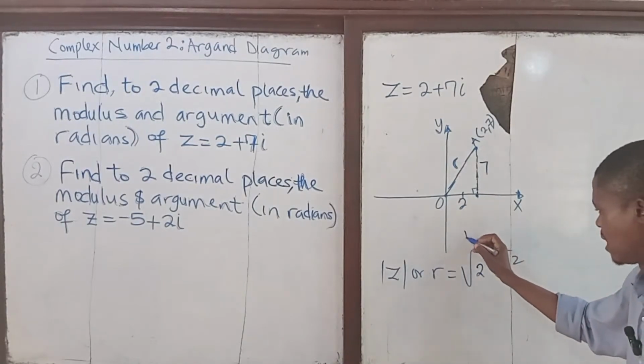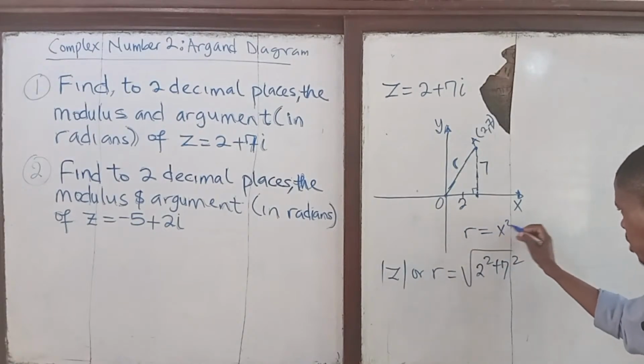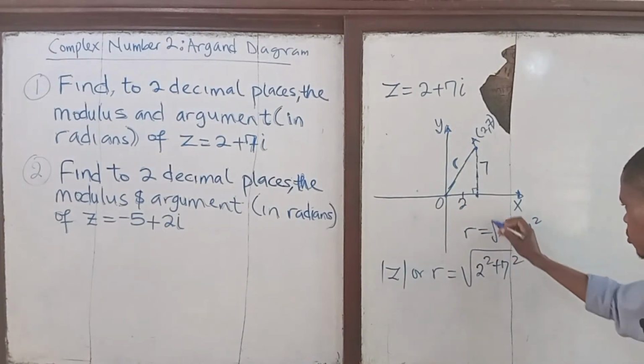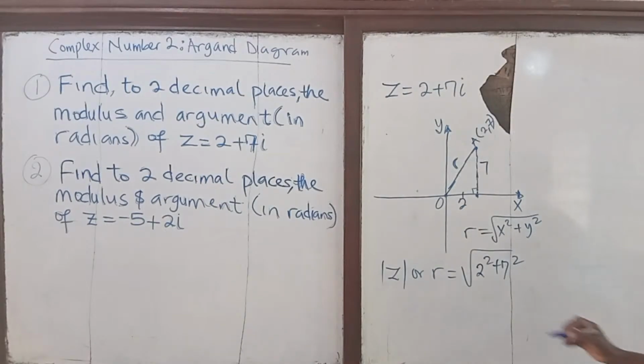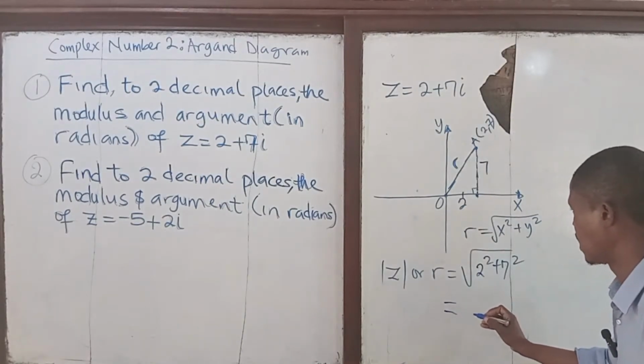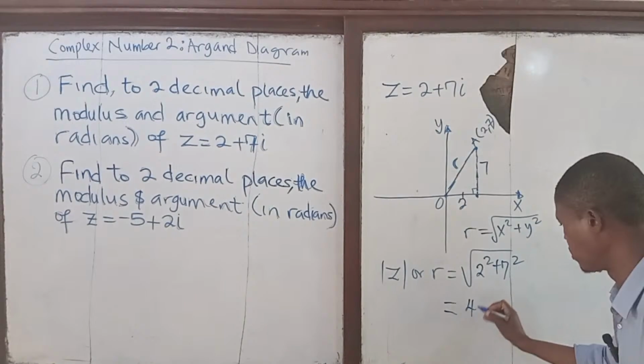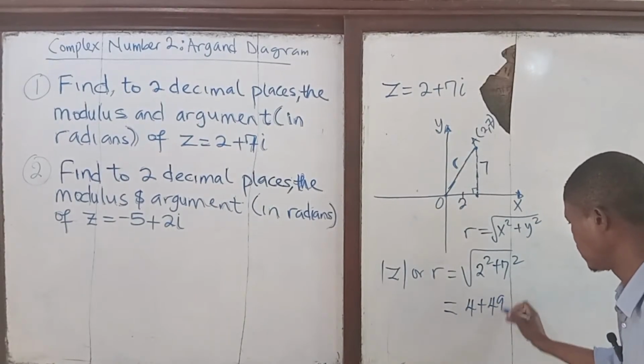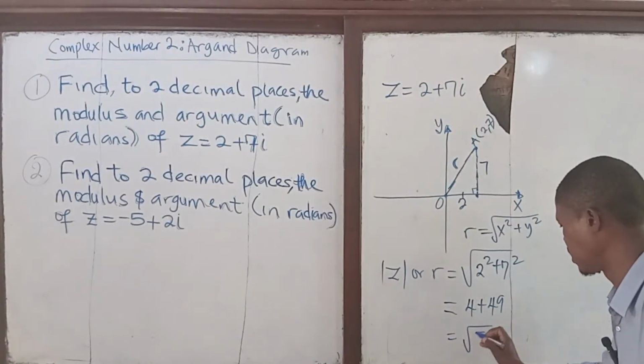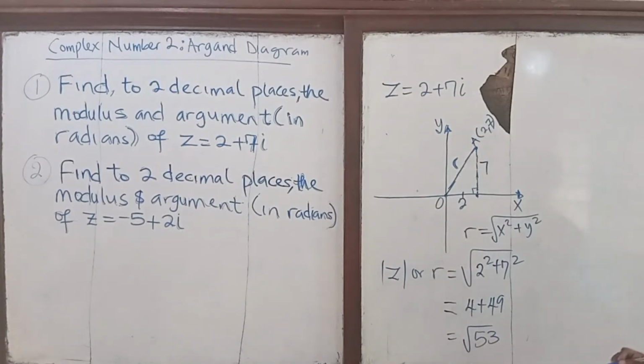Or let me write r equal to the square root of x square plus y square. Then we get the square root of 4 plus 49, and that's the square root of 53 if you add the values together.